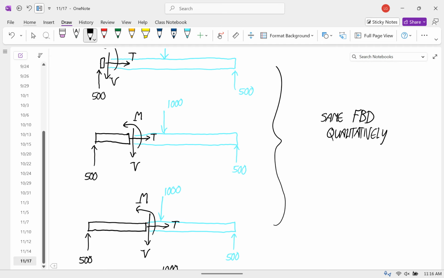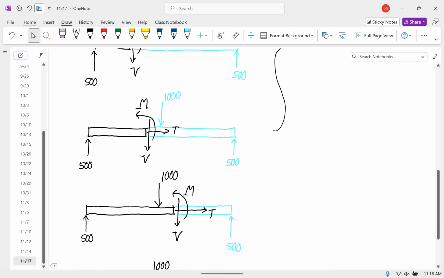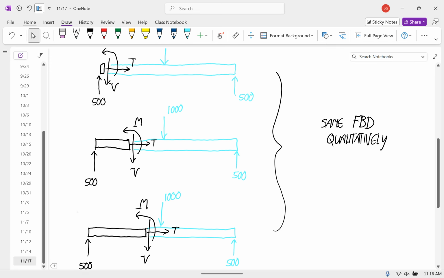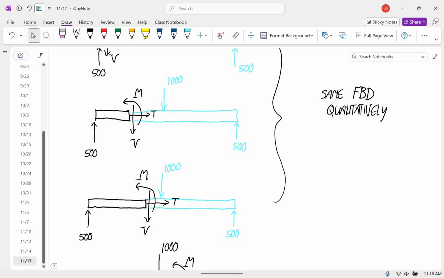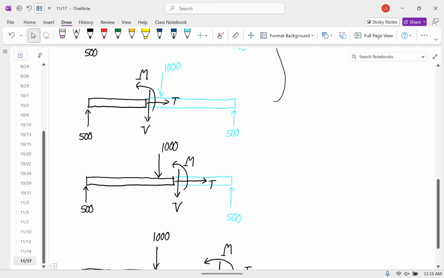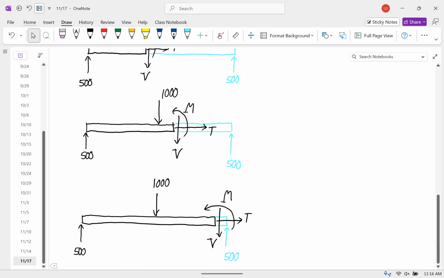But then once we get to that 1,000 Newton force, that's not true anymore. Any one of these could be a stand-in for the free body diagram for any of the other ones. But that changes once we get to that 1,000 Newton force. And so these two are qualitatively the same free body diagram.